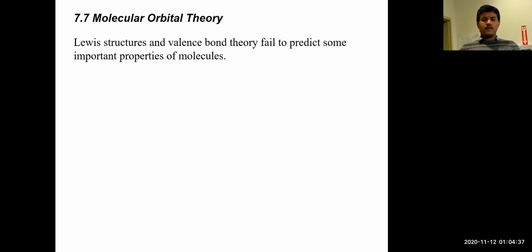All right, let's discuss what it is. It's enough introduction, right? So what we discussed so far in this chapter, and in the last chapter also, is Lewis structures, valence bond theory, and hybridization of atoms. And we're still complaining because there are some things that cannot be explained by any one of these theories that we discussed so far.